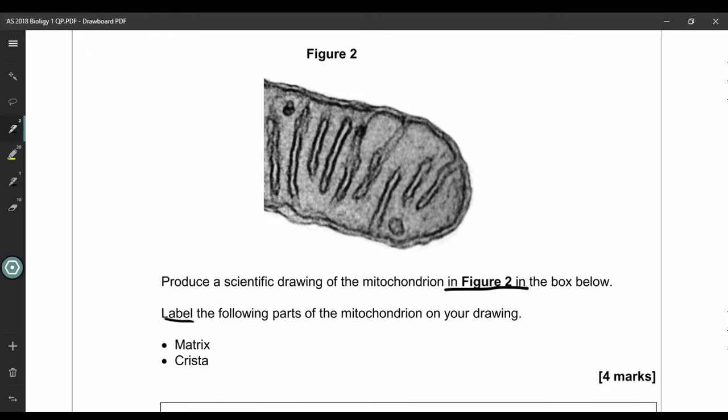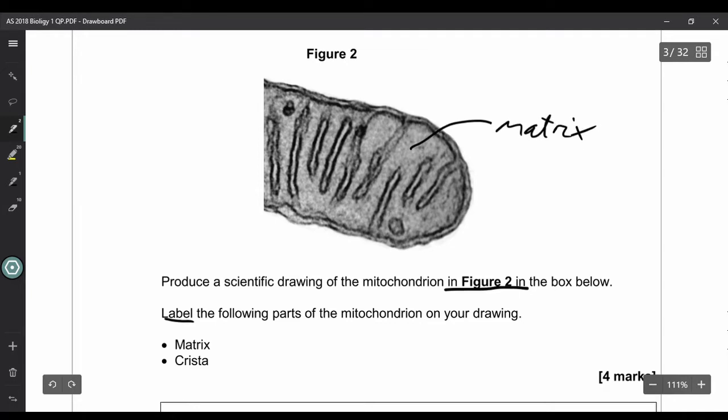Students also fell down on the labels, so this space in between is the matrix, and these folds that are coming out of the membrane are the crista. Remember, it's got to be a similar size, and put your magnification scale on there.